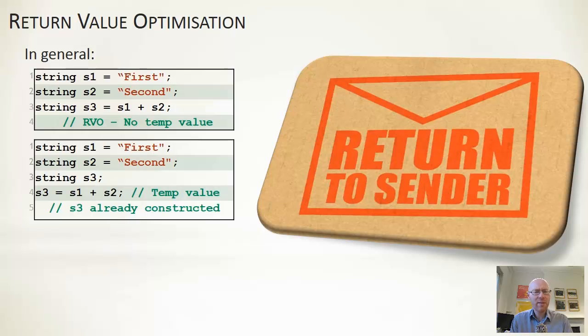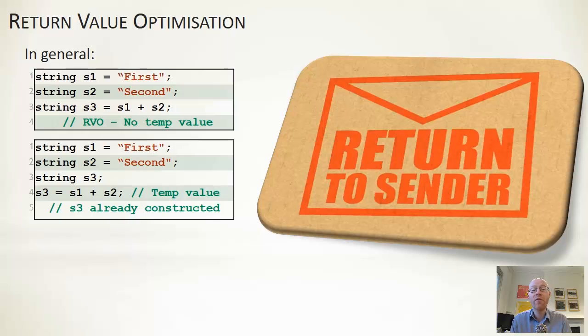The one underneath, though, is more problematic. In lines 1 and 2, we're still creating our first and second strings. In line 3, however, we are actually creating an instance of the S3 string. That will result in the default no-argument constructor being called. And at line 4, because S3 already exists, S1 plus S2 will result in a temporary variable being created, and then the copy assignment being called to copy it across.